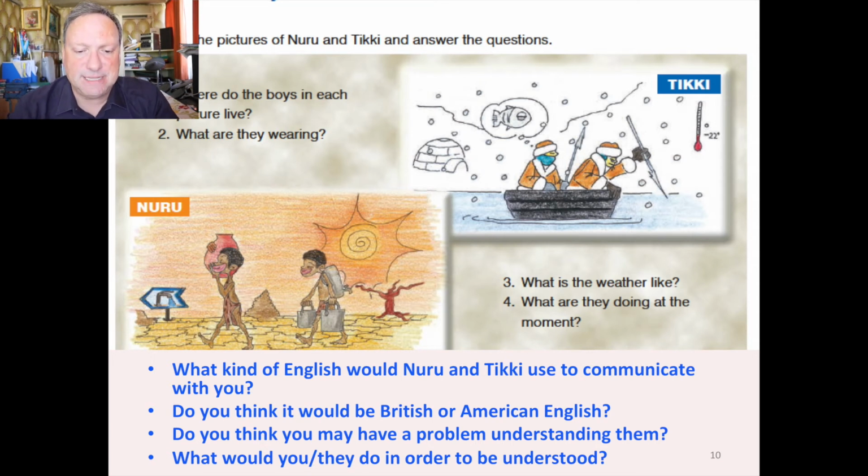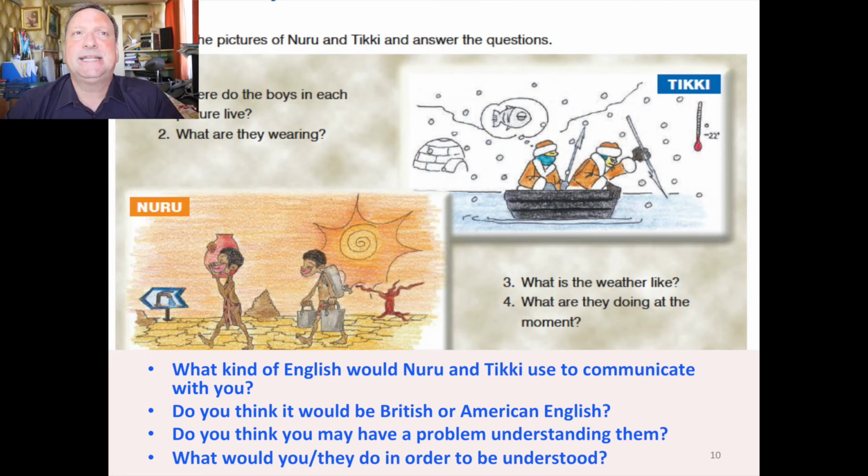This is a question that helps the learners imagine a possible ELF situation, an interaction between themselves and the characters in this activity. Another question, do you think it would be British or American English? Do you think you may have a problem understanding them? What would you or they do in order to be understood?